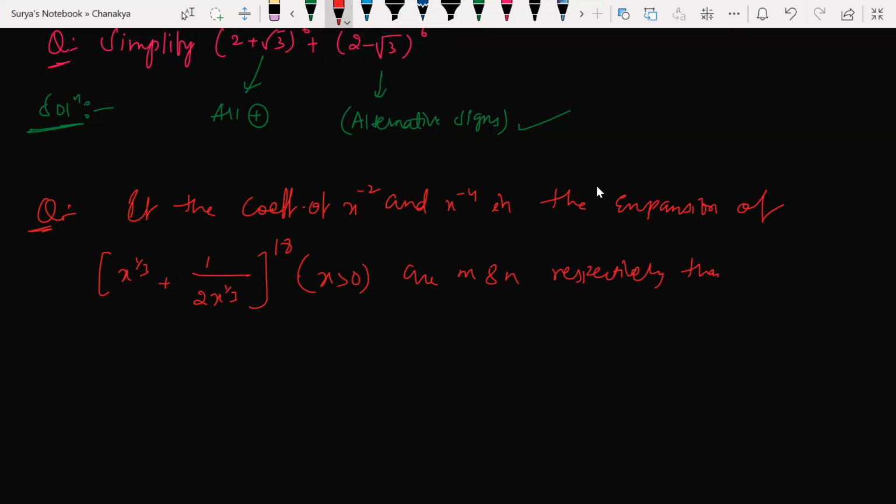Then m by n is equal to what? Option A 182, option B 4 by 5, option C 5 by 4, option D 27. This is a JEE Mains 2016 question.